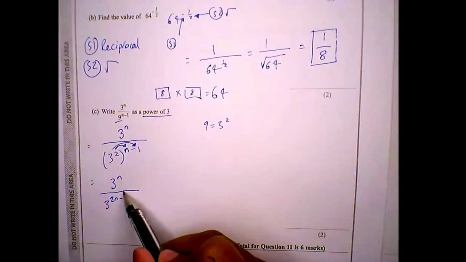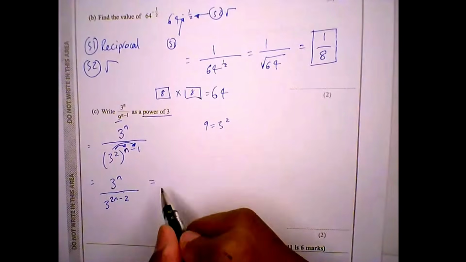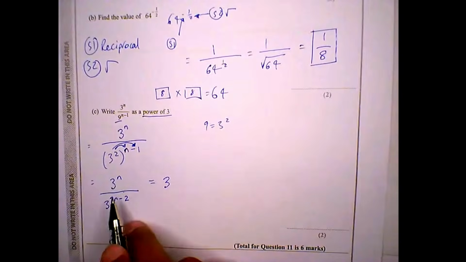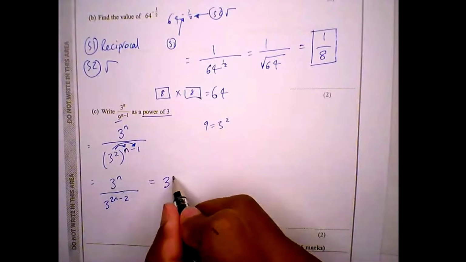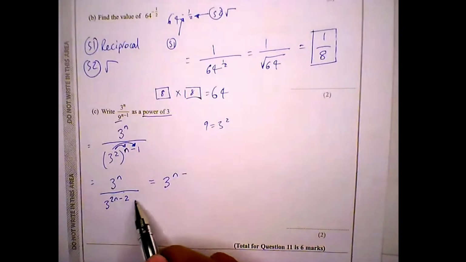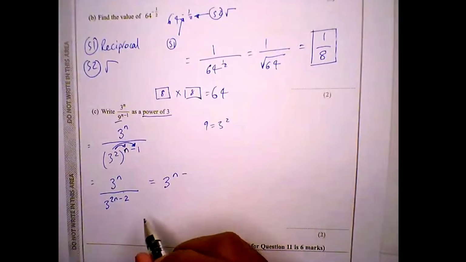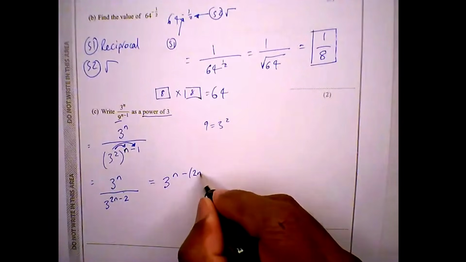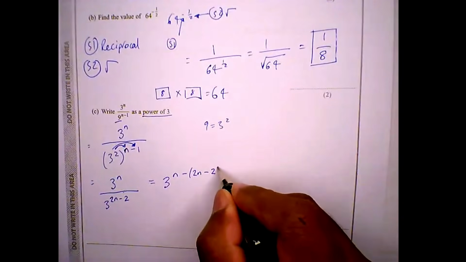We've got dividing, so I've got base of 3, so I can just write it as 3. Now I can work on my n. So I've got n, take away all of this. I'm just going to write this out in brackets, take away 2n minus 2.